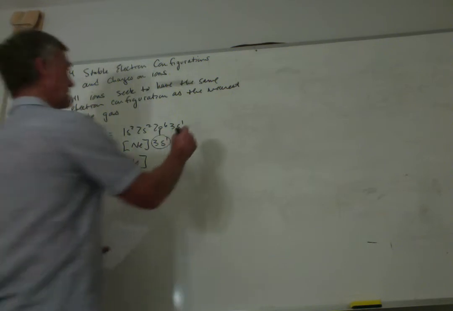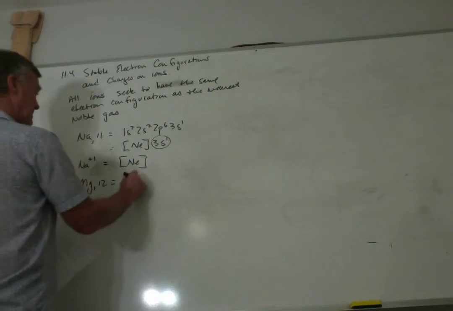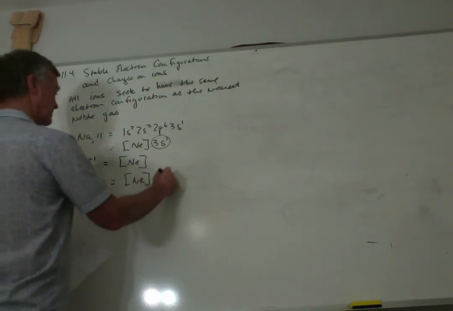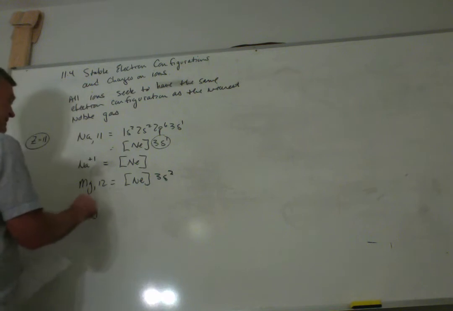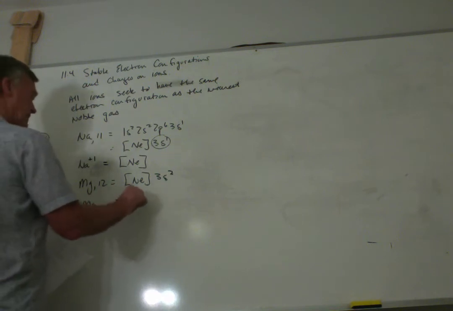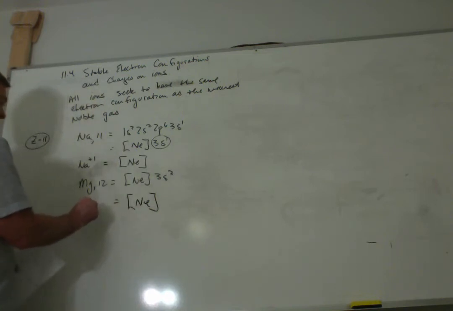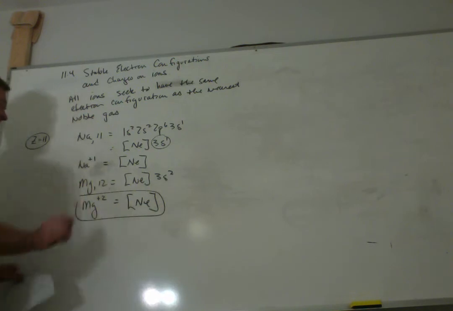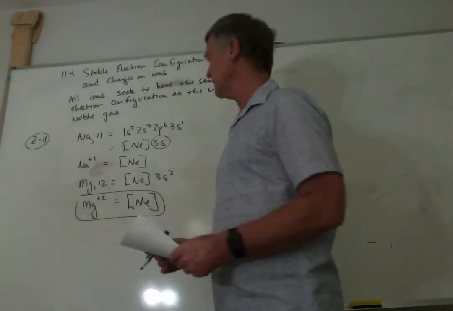If I went to magnesium, magnesium is 12. Again, your book will say Z is 12. That would be neon 3s2. But magnesium wants to be neon, and in order for it to do that, it has to lose 2 electrons, and therefore it'll have a plus 2. And that's called the noble gas configuration for magnesium.